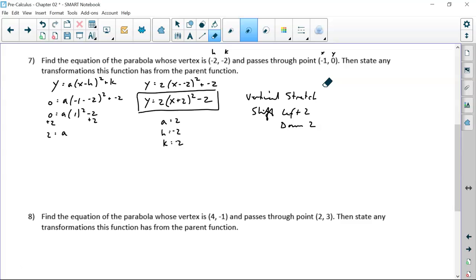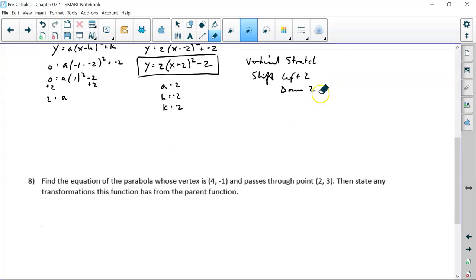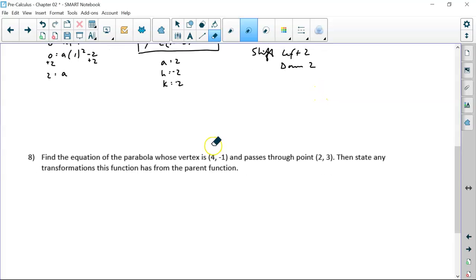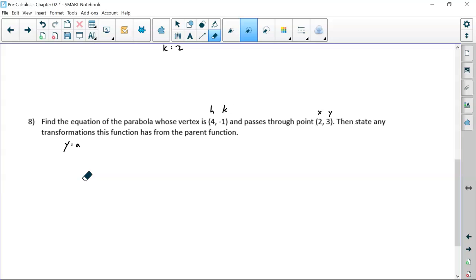Let's do the same thing again for the next one, number 8. Once again, the vertex is our h and our k, and the point is our x and our y. So y equals A times the quantity of x minus h squared plus k.